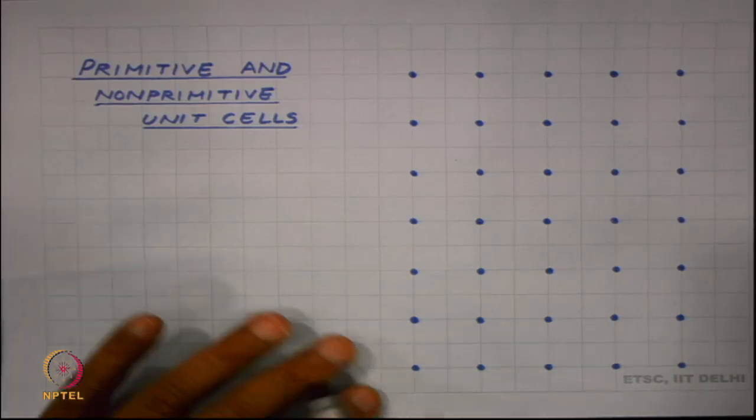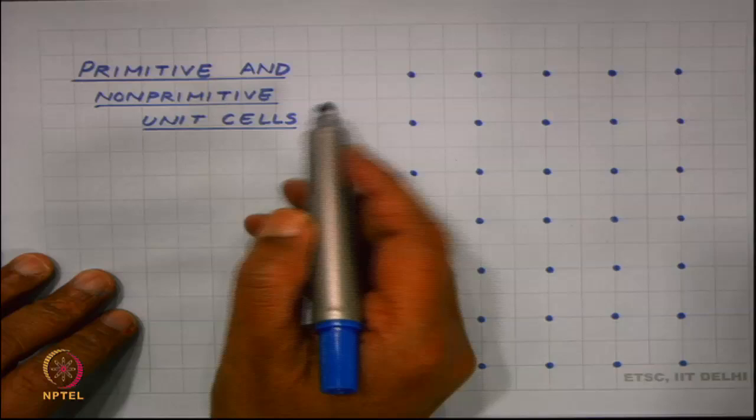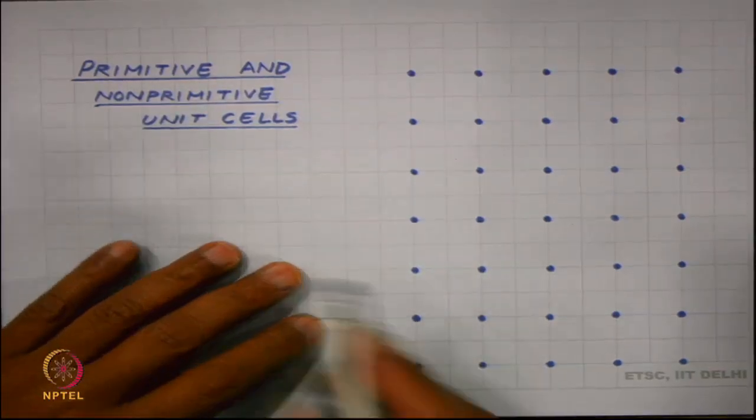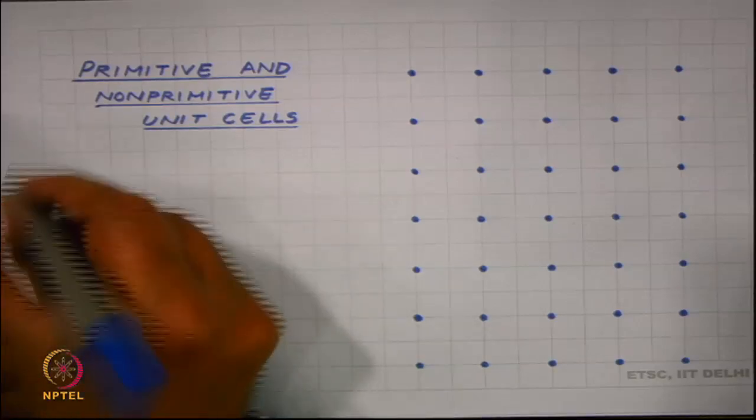The unit cells which I showed you can be classified as primitive and non-primitive unit cells. So, let us define that.